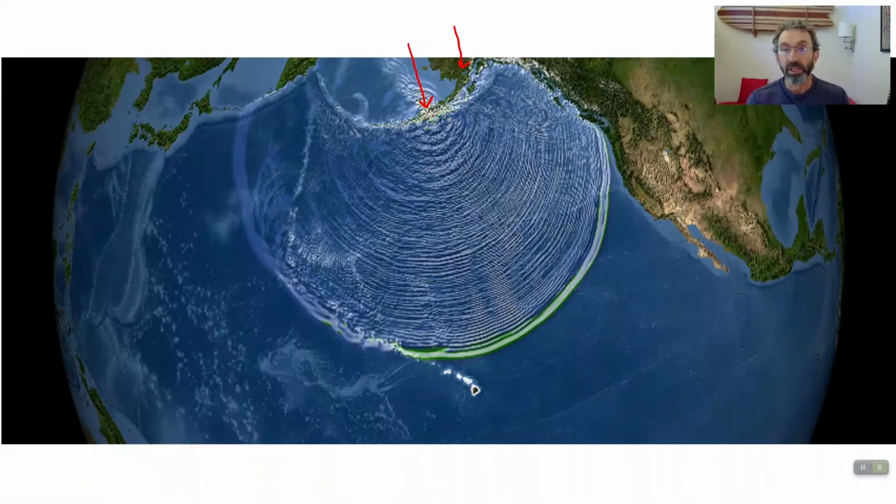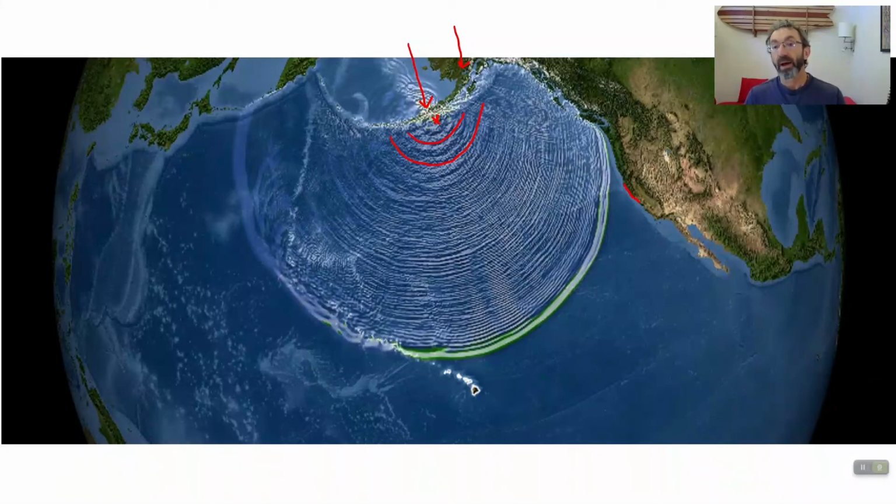And so in this simulation, the earthquake epicenter is right there, and you can see the tsunami waves generating away from that point. Now what you'll also notice is that these tsunami waves will eventually end up hitting Northern California, right here in red.